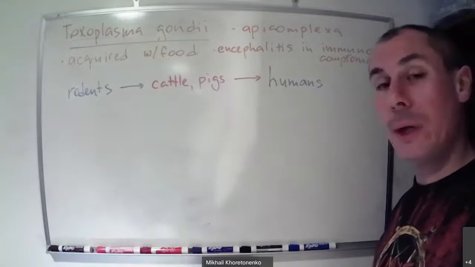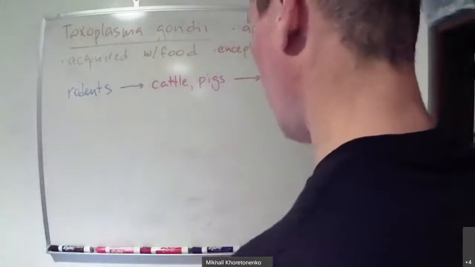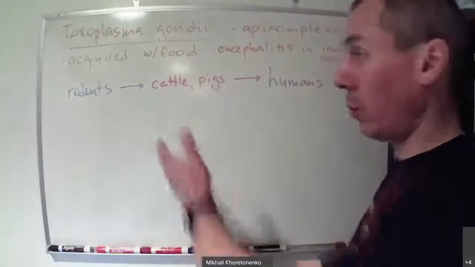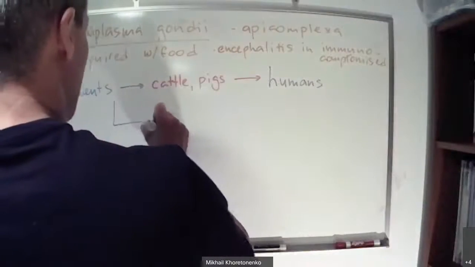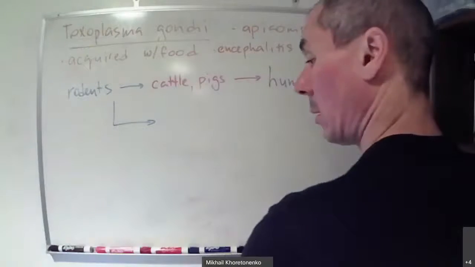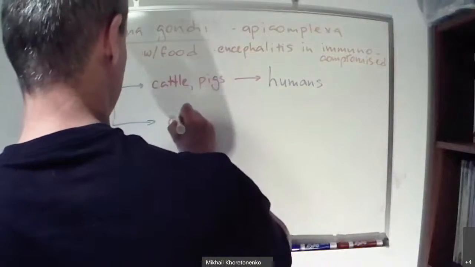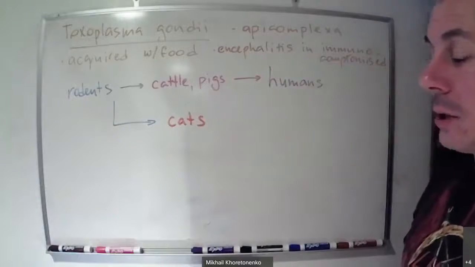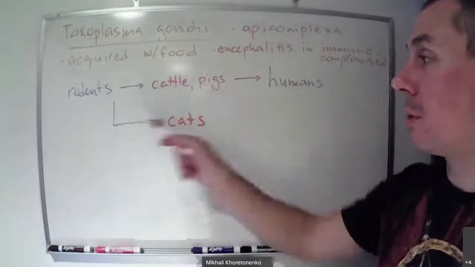Now, why did I tell you that I'm going to ruin your cat for you? Because rodent feces can be consumed by cattle and pigs, but rodents themselves, such as mice, can be consumed by cats. This is an extraordinary transmission route.